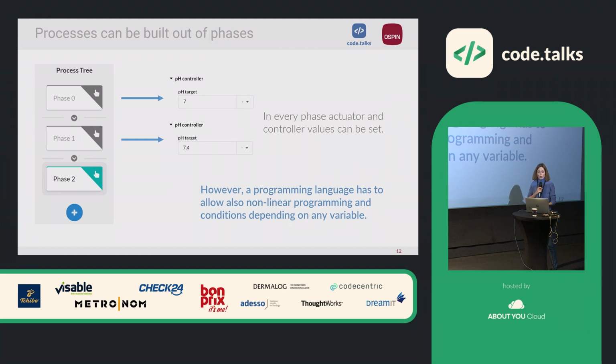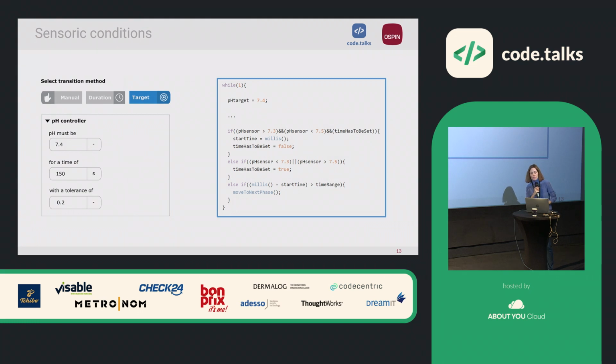What we're also still missing is the fact that in programming, you also have nonlinear execution of a program. You have forks, you have loops, stuff like that. And it's exactly what we are working on right now. We are working on these conditions and on this nonlinear execution of a program. In more detail, what we are doing is the following. We want to allow conditions on every variable.